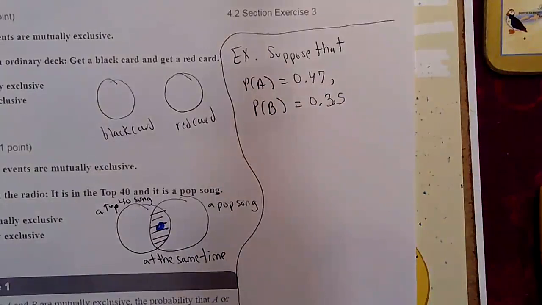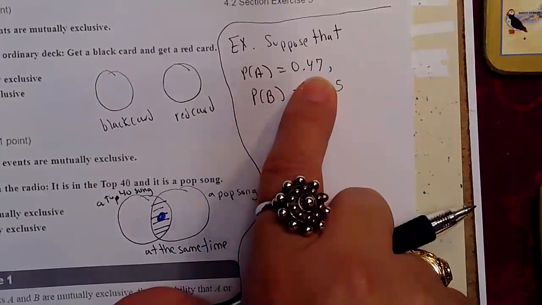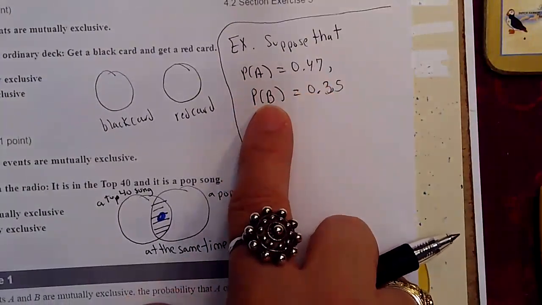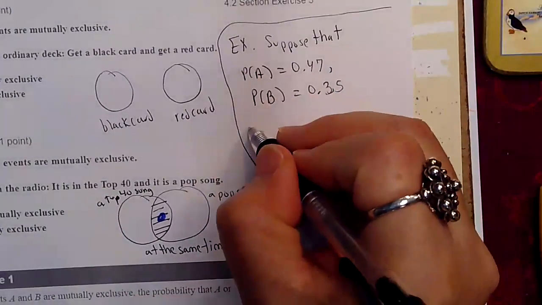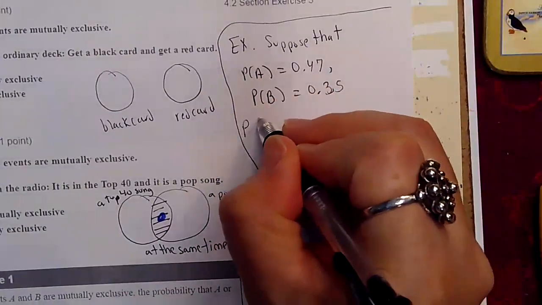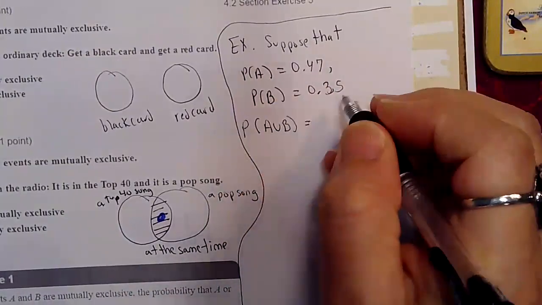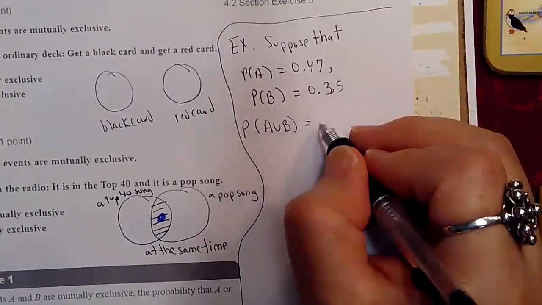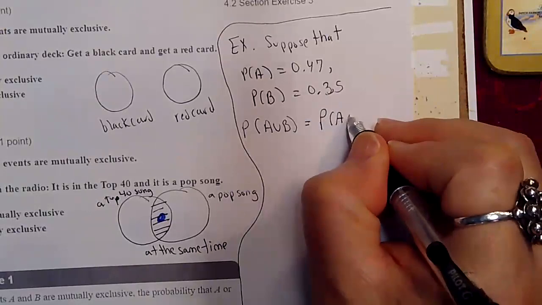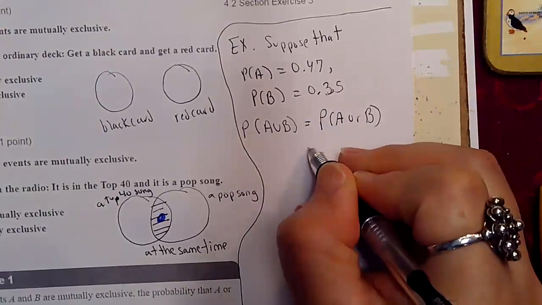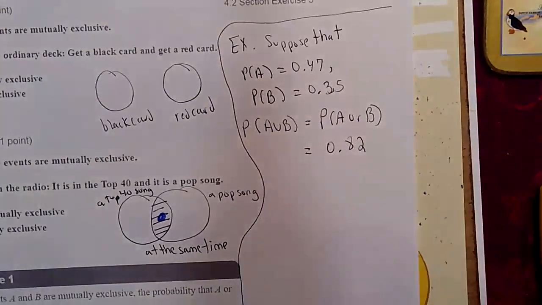So suppose they tell you that the probability of event A is 47 hundredths and the probability of event B is 35 hundredths. And they also tell you that the probability of A union B, which by definition is the probability of A or B, is equal to, let's say, 82 hundredths.